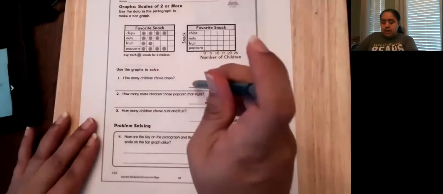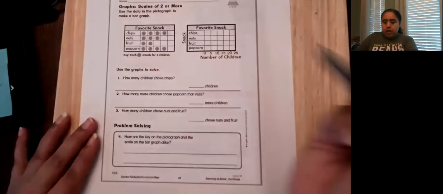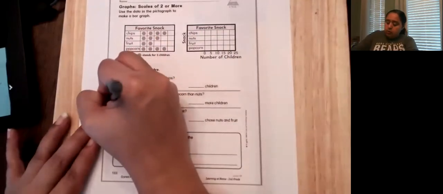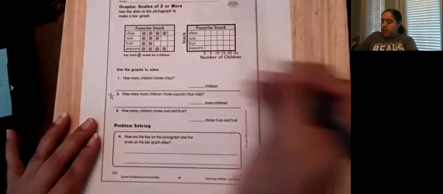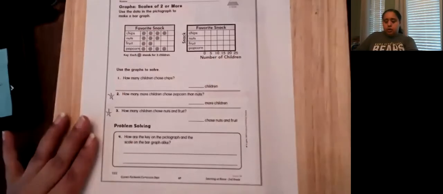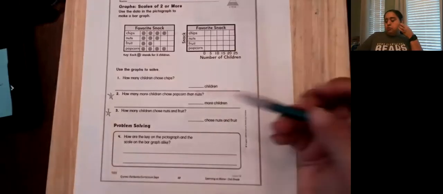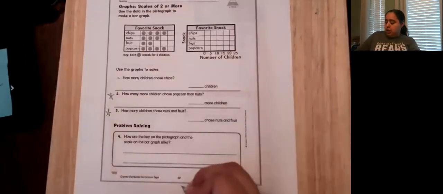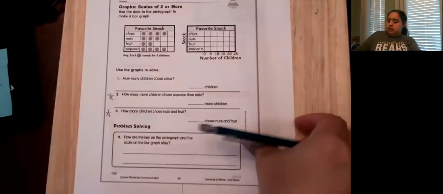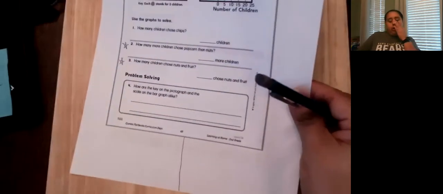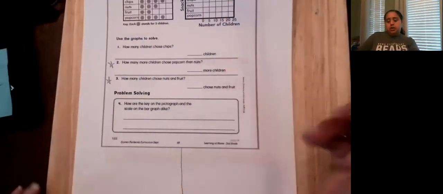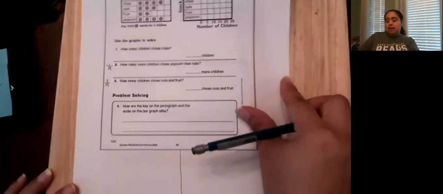Number 1 is not a window pane problem. Number 2 is a window pane problem. Number 3 is a window pane problem. And number 4 is not a window pane problem. So you guys only have 2, and you can even do it on the bottom or on another sheet of paper or right here next to it. But I want to see nice and neat work.